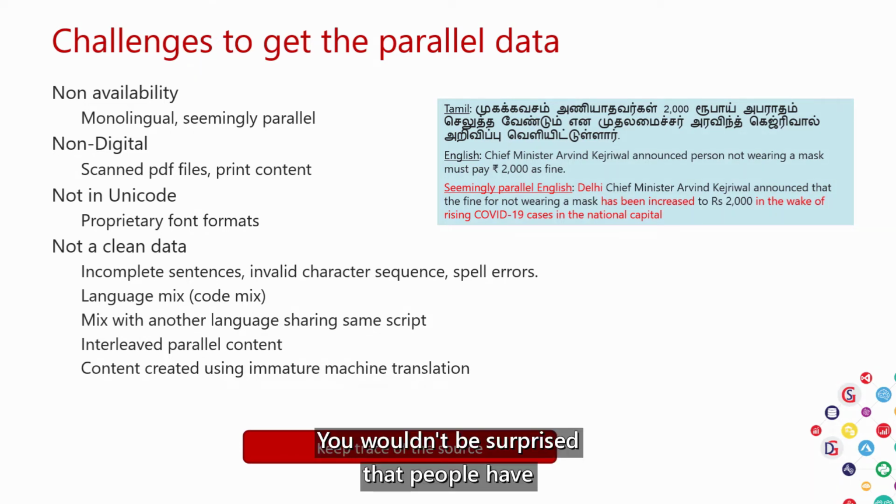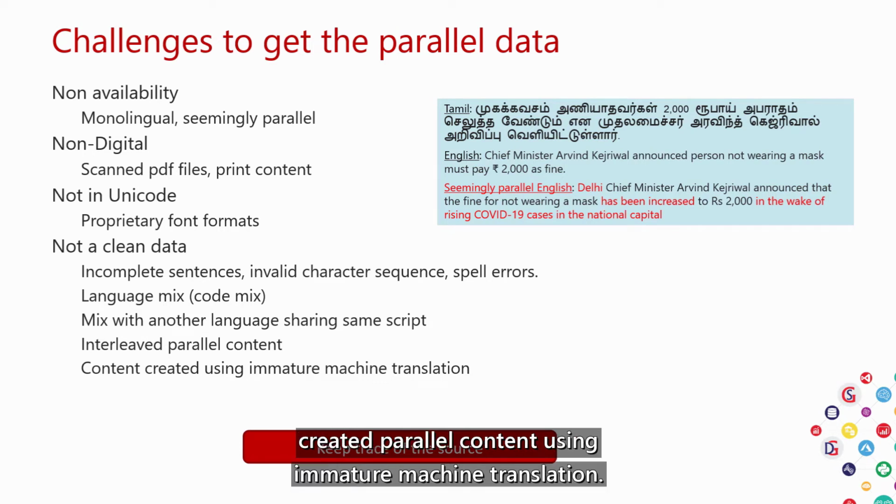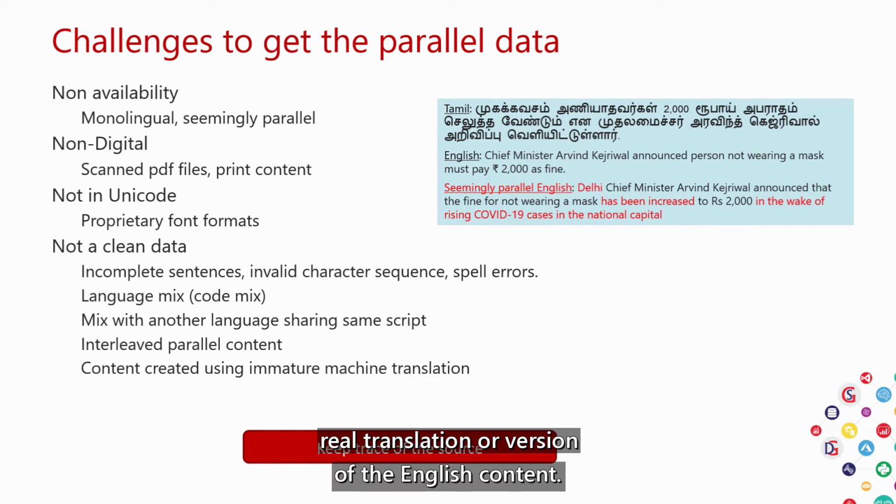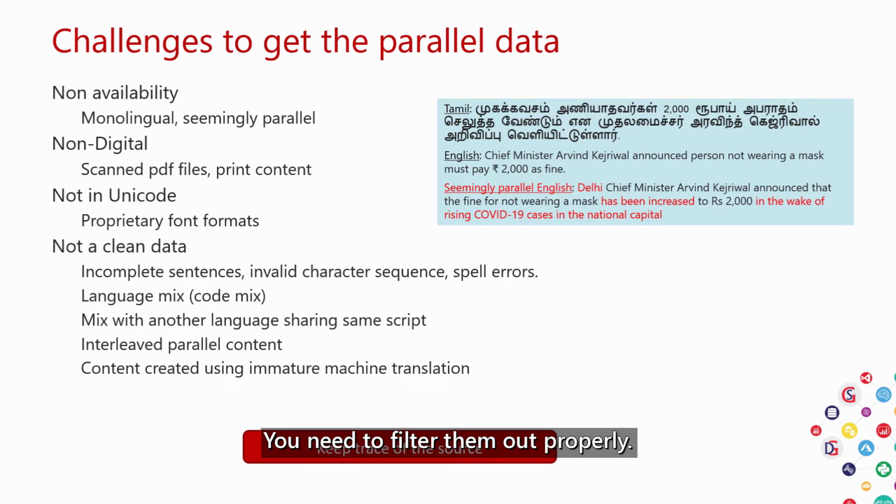And you wouldn't be surprised that people have created content using immature machine translation, and you'll find they are not real translations or versions of the English content. So you need to filter them out properly.